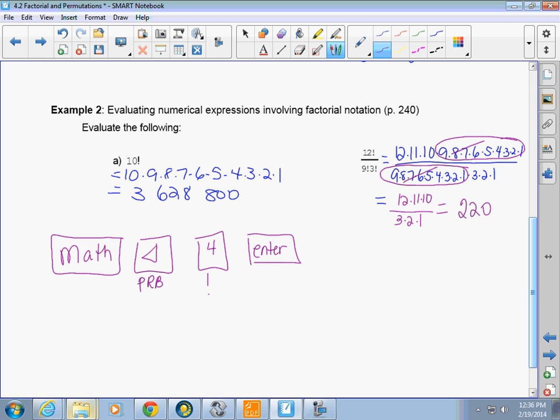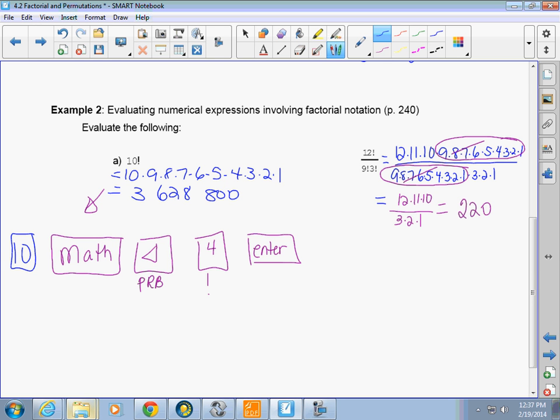So let's try this for 10 factorial. So on your calculators then, put your 10. So to solve this one here, first thing we're going to do is put in a 10. Then hit our math, left arrow. Then we go down to 4.